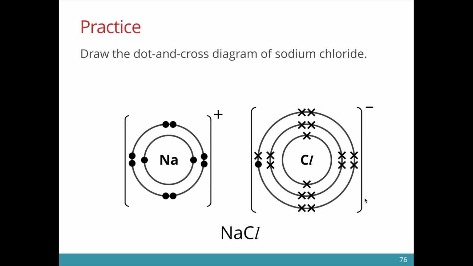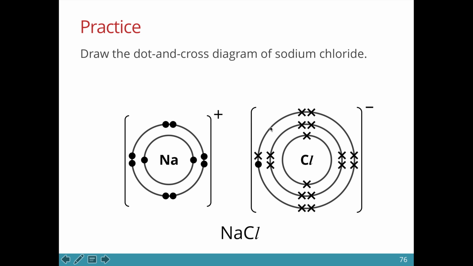Now we have a cation and an anion, and you know that opposite charges would attract, and the electrostatic forces of attraction between the sodium ion and the chloride ion is what holds everything together in the lattice structure. So typically we will show all the electrons unless it's otherwise stated.